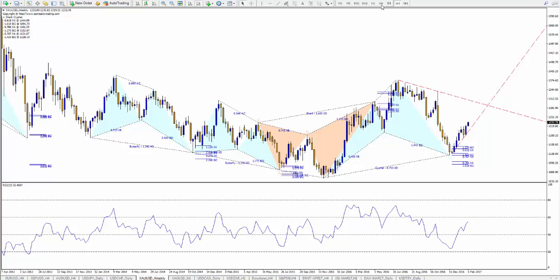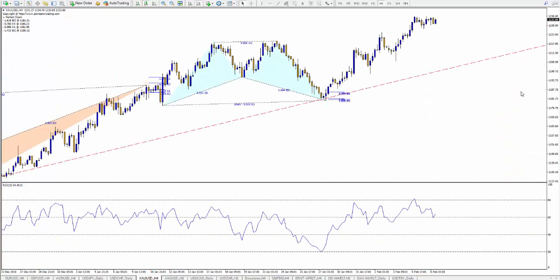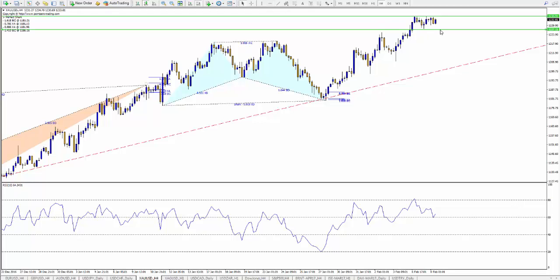But on the 4-hour chart, as you can see, the market's starting to stall. This is already a double top. And what we might want to do is just break this and go further down. Okay, and see how that happens in that situation. So if you're following gold, you'll have to wait and see how that happens.